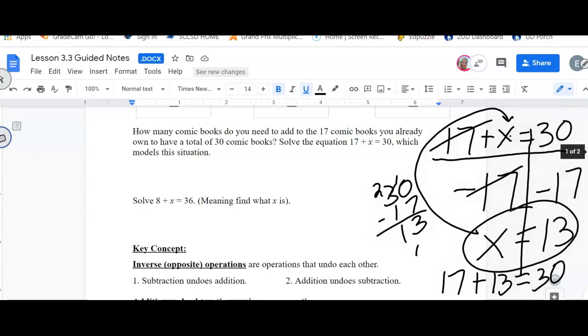Off to the side. You can do it again. 17 plus 13 is 30. I look for a check mark. So if you do not have all of this written down right here, please do so, because this is all the work that I require you to have.